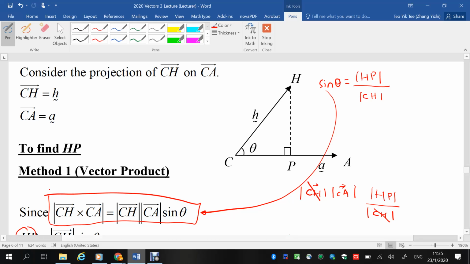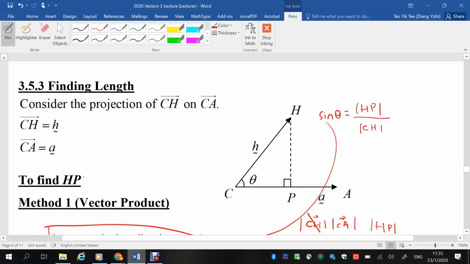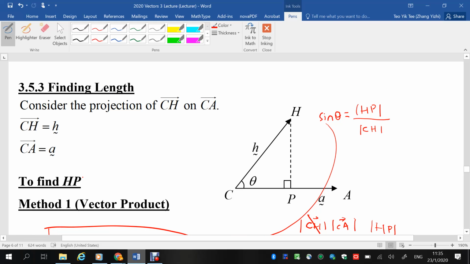Before I move on, let me ask you one thing now. I need you to activate chapter 2 knowledge. In your chapter 2, if I ask you for the length of CP, it is actually the projection of CH onto CA, right? Shadow, remember?